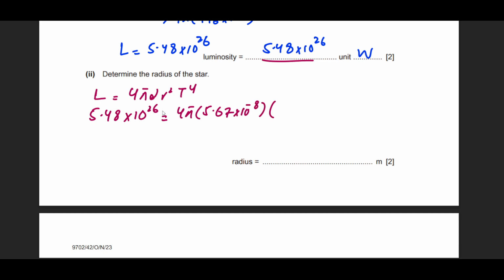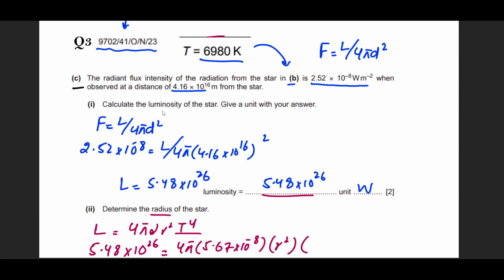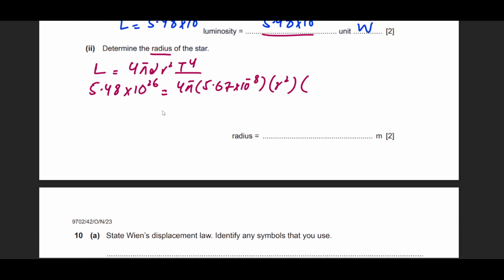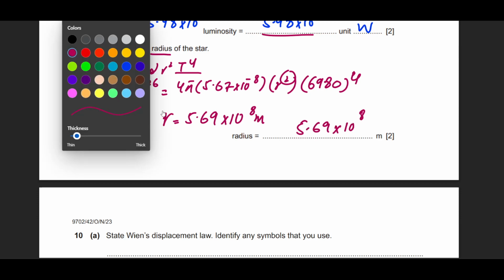R squared is what we want to find out, so R squared is going to stay as it is. Temperature raised to power 4 is what we needed from the previous part, 6980 raised to power 4. Please don't forget that this is a square, so this will be taken as a root on the other side. So R comes out as 5.69 into 10 raised to power 8 meters. So the radius of this star is this value.